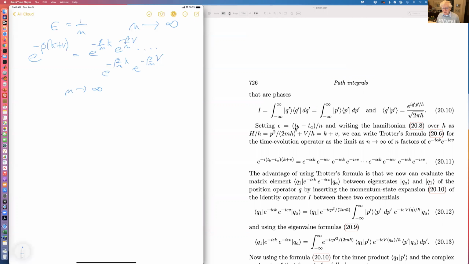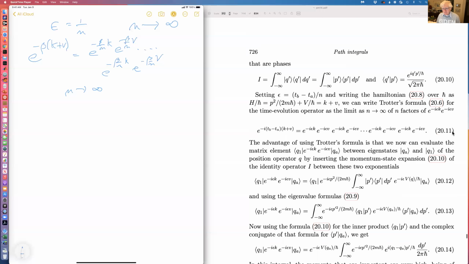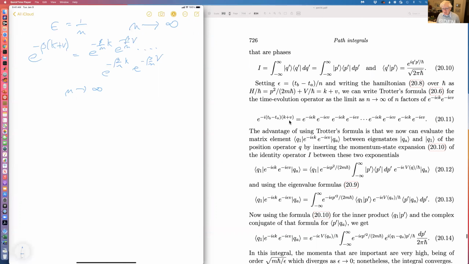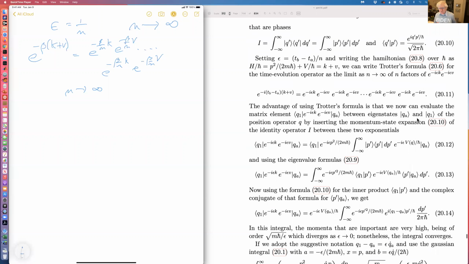And so what we're going to do is divide the time interval by little n, and write P squared, so I'm talking about one single particle here in a potential V, and just one dimension, and so I'm going to call P squared over 2m h bar little k, and V over h bar I'm going to call V, and then the time evolution operator is this, and I'm going to write it like that with the Trotter product formula.